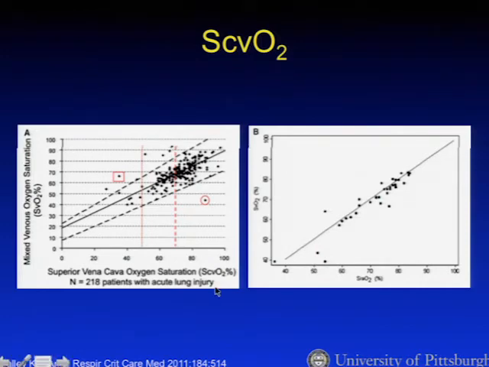In general, when the SVC sat is greater than about 70, the mixed venous sat is more than about 60. And when we are down below about 50, the SvO2 is generally quite low. This relationship is better if you put your catheter tip in the right atrium, as you might imagine, compared to the SVC.